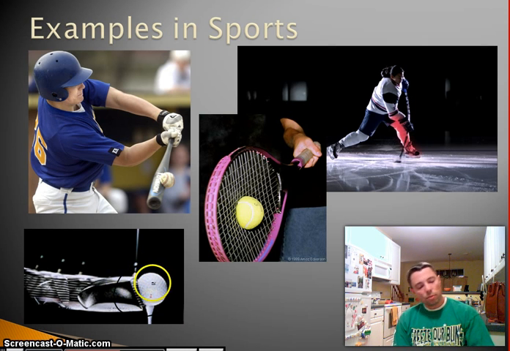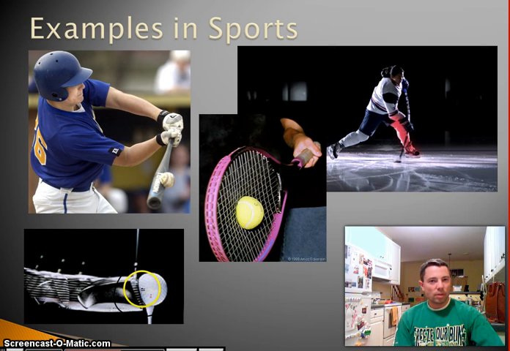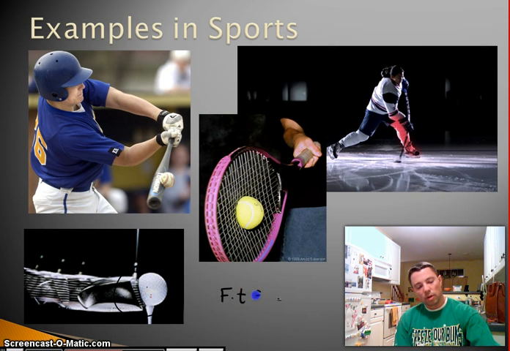You can see the ball is actually being deformed or flattened out. Okay, which is kind of an interesting thing. But again, because it's deformed and it's flattening out, we create an amount of time that the golf club head is in contact with the ball. So again, it's about the time in contact and the force that we're applying, which means that we're going to then see our momentum change.